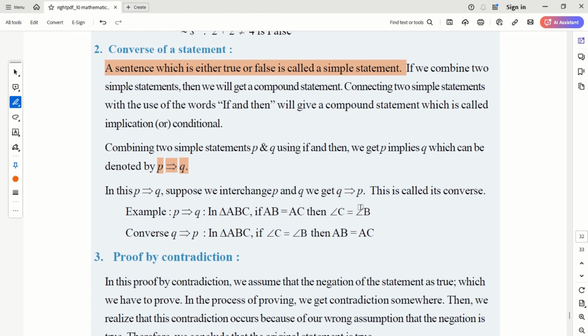This is the isosceles triangle rule. This is how we write it. The converse of it, Q, is basically the reverse of the implication, which is Q implies P: in triangle ABC, if angle C equals angle B, then AB equals AC. This is my converse. This is the implication.